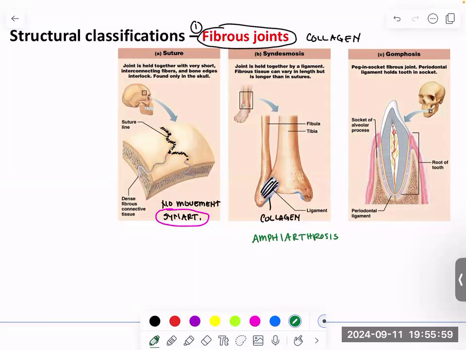So fibrous joints can be both. Fibrous joints, made of collagen, can be either synarthrosis functional type or amphiarthrosis functional type. This is just describing what it's made of.